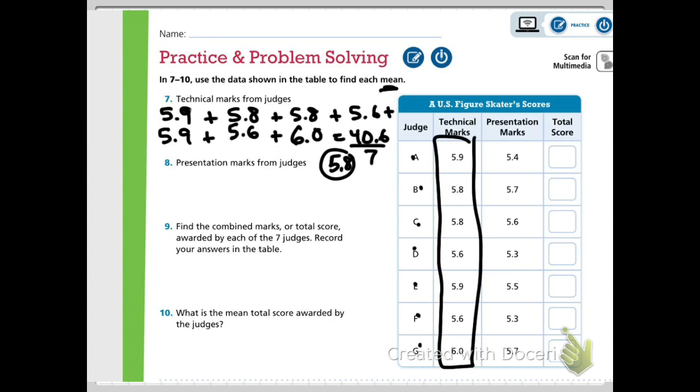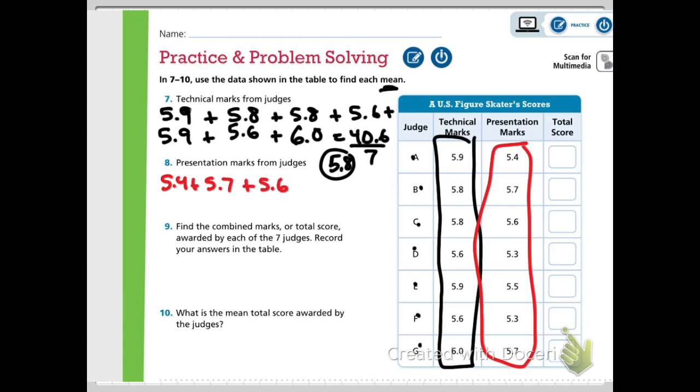The presentation marks, let's do a different color here. We're going to take this column here and add those together: 5.4 plus 5.7 plus 5.6 plus 5.3 plus 5.5 plus 5.3 plus 5.7.